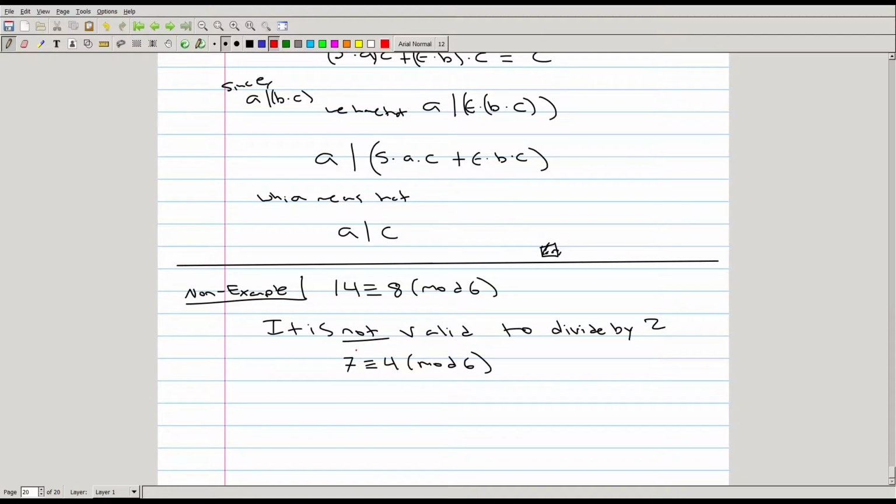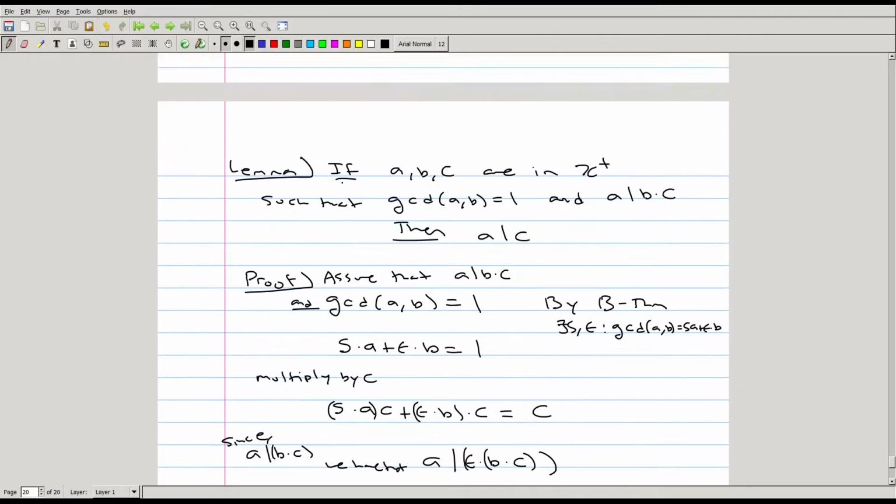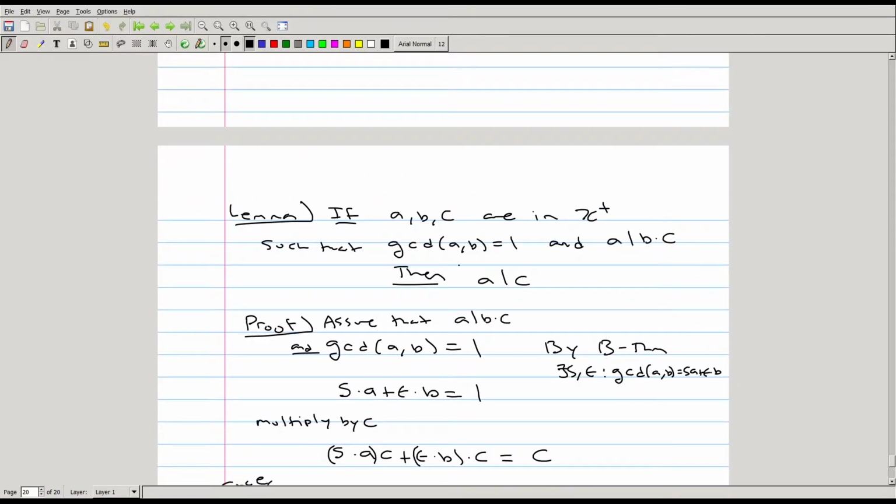I'll put a big not congruent sign right here. 7 is not congruent to 4 mod 6. 7 is congruent to 1 mod 6, which is not the same thing. And the reason that we can't just go through and do this is because the statements of this lemma are not satisfied.